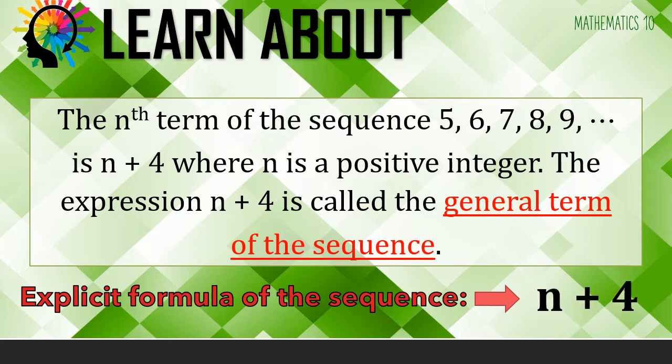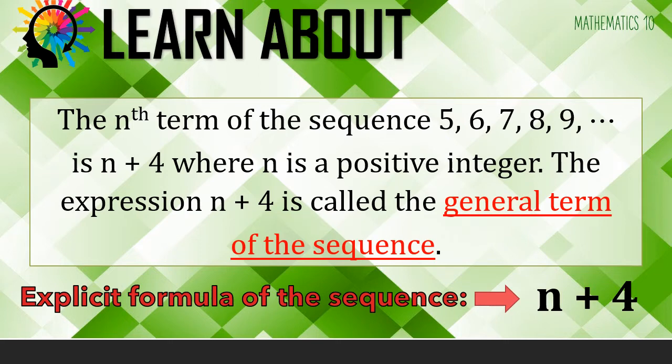I'm going to share with you how to make an explicit formula or the general term of the sequence in the next video. But for now, to check if our nth term, the general term, or the explicit formula of the sequence, n plus 4, is correct, you simply evaluate the given formula.